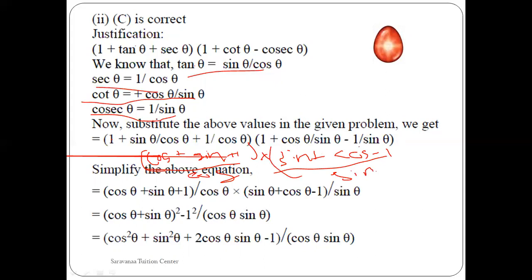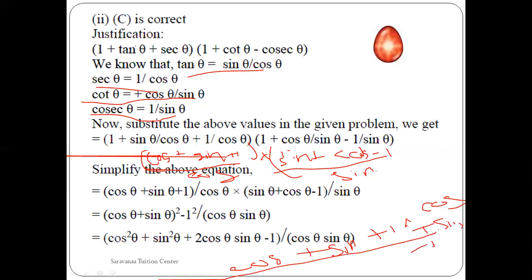You get cos plus sin plus 1 into cos plus sin minus 1 by sin theta cos theta.